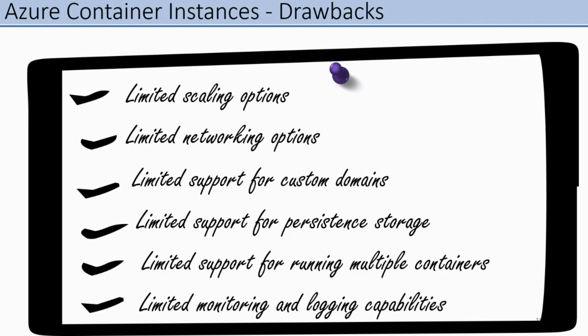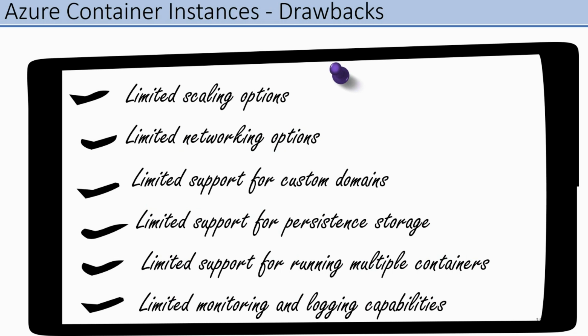Next, Azure Container Instances have their own drawbacks. ACI is a relatively new service. As such, it may still have some limitations compared to other container orchestration solutions such as Kubernetes. Let's see a few of the drawbacks.